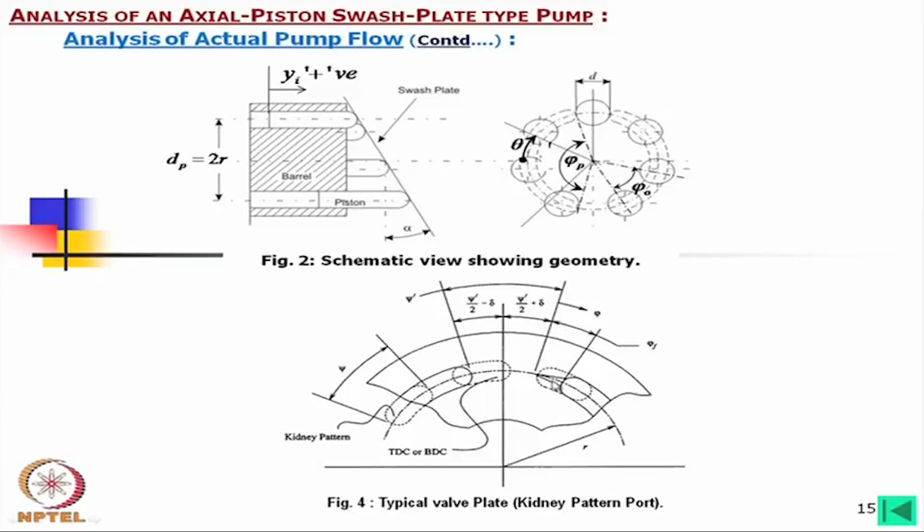And here what we find in this port, say this is the kidney port, and here we will find a groove. Later I will show the shape of this groove, like a pyramid. This groove is called the silencing groove. If this groove is not provided, then when this kidney port of the barrel comes in contact with this valve manifold, the rate of increase of the orifice is very high and the pressure transient in the fluid will be erratic, unpredictable.